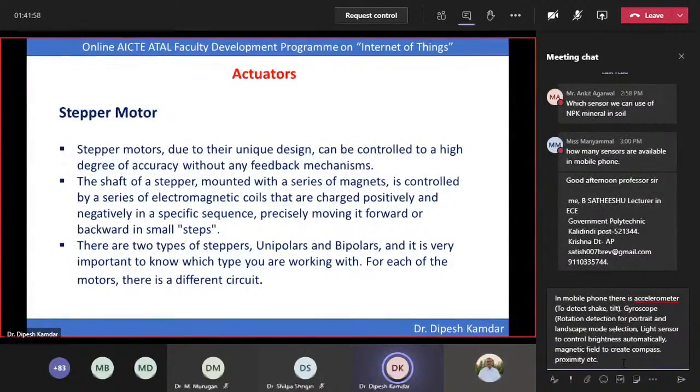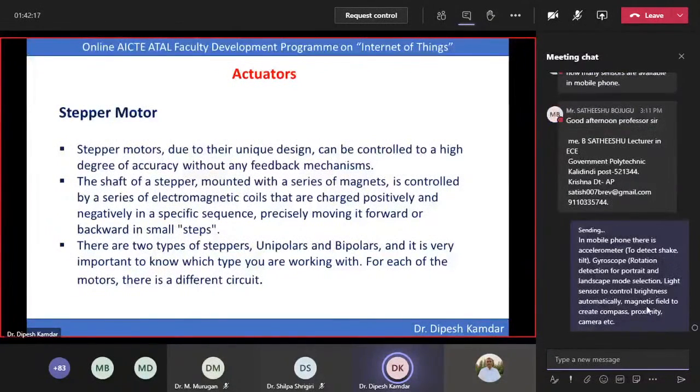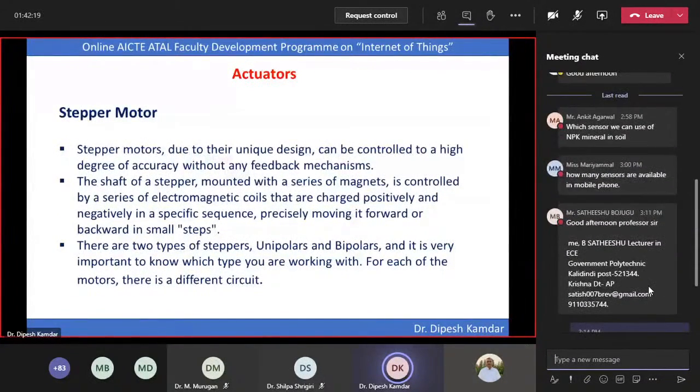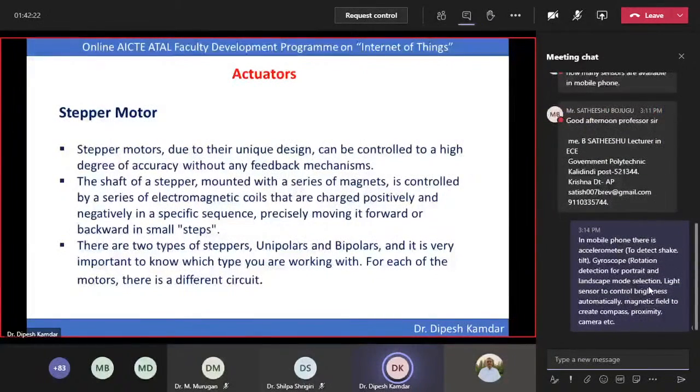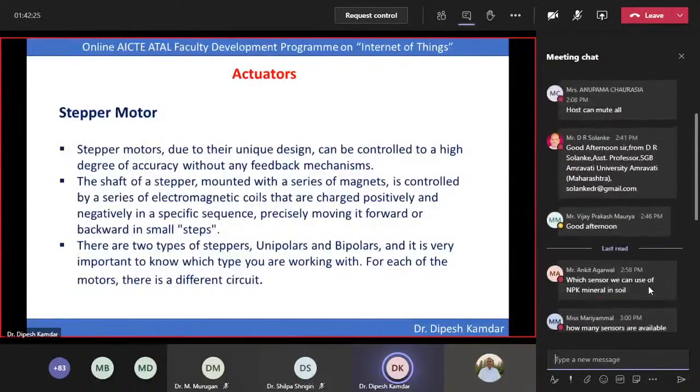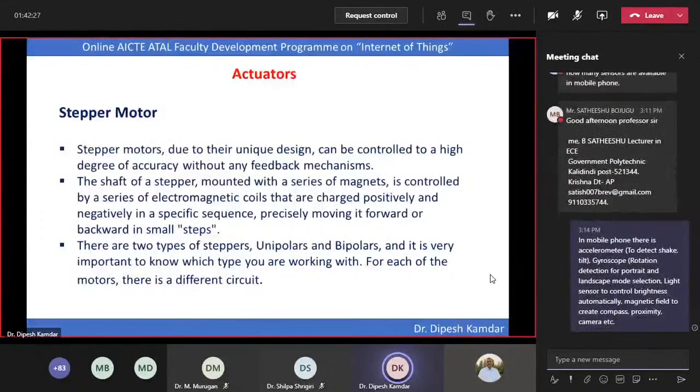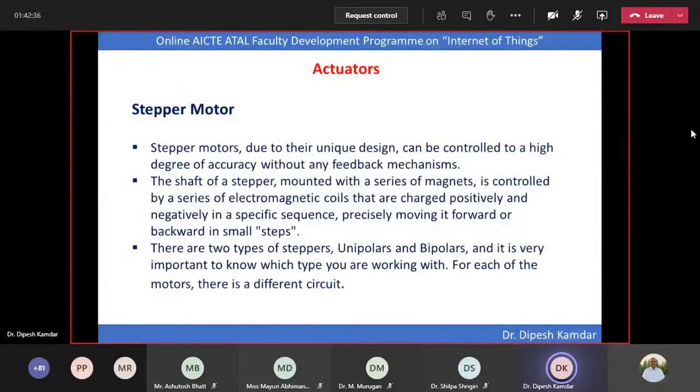Once it is in motion and you try to stop it, due to friction and momentum, it will rotate a little bit further, so it will not stop at a specific point. Again, the load bearing capacity of a DC motor is very limited. You can use heavy motors, but still the number of rotations is not 100% controllable.